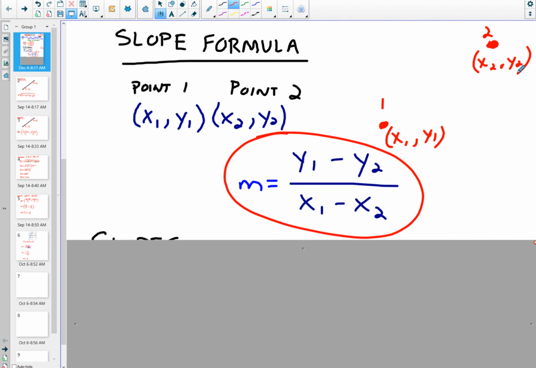What hopefully you can gather from this, Jaden, as well as Stefan, is it doesn't matter which y you put first. If this y here was a 5 and this one up here was a 7, you can either put 5 minus 7 or 7 minus 5. That doesn't matter. As long as on the bottom, whatever y you put first, you have to put that x first also.